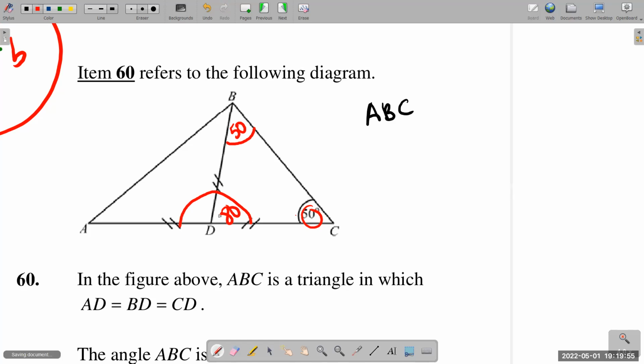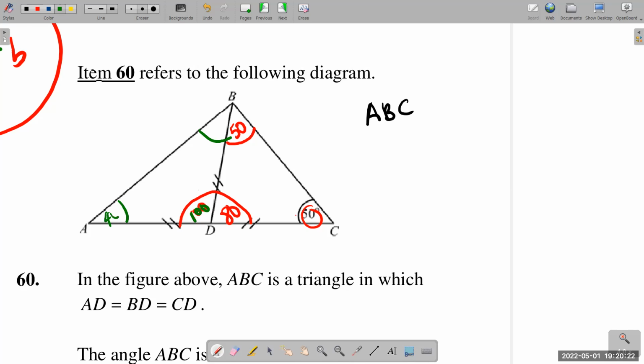This isn't a straight line. Angles on a straight line are what? 180. So if from here to here is 80, here is 100. No, let me use a different color for the 100. So this is 100. So if here's 100, these two angles here are matching. How much is each of these two angles? It would be 40, because 100 from 180 is 80, and you have to split 80 two ways.